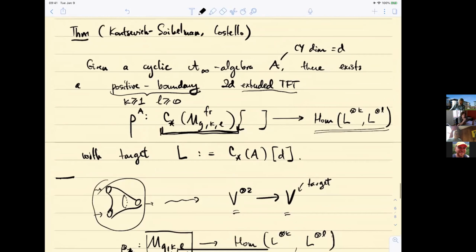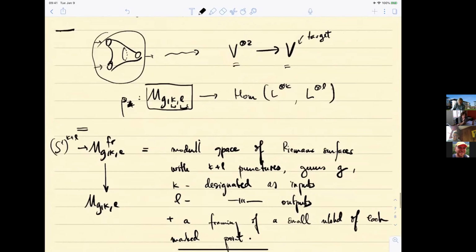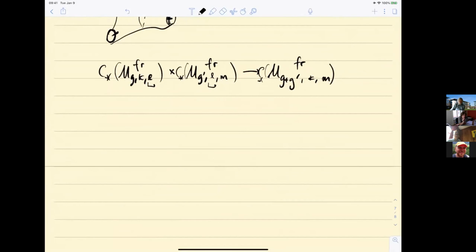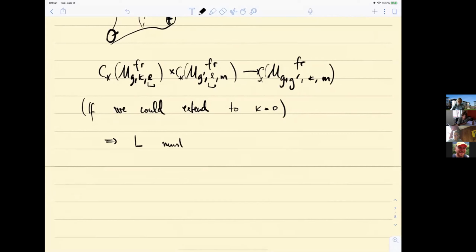The crucial thing that I want to say is this observation that was made, that we only can construct this rho_A to be a positive boundary TFT. There's a real substantial reason why we can't possibly do this in general, because if we could extend to the case k equals 0, the setting where we allow 0 inputs, we would be forced to have L finite dimensional.